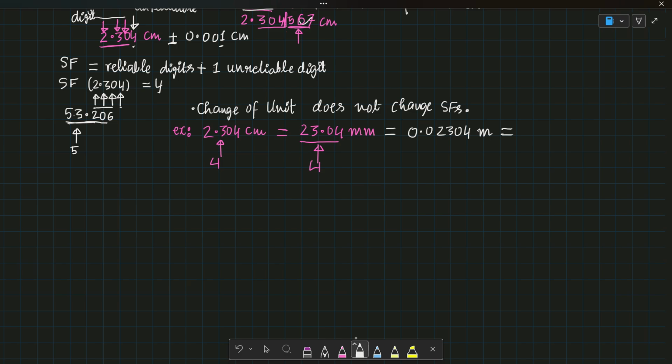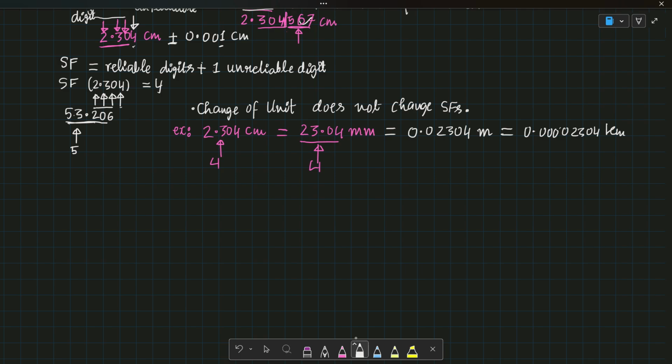Now let's say its unit has been changed to kilometer, so we'll write this as 0.0002304 kilometer. So this is the basic thing: change of unit does not change significant figures.